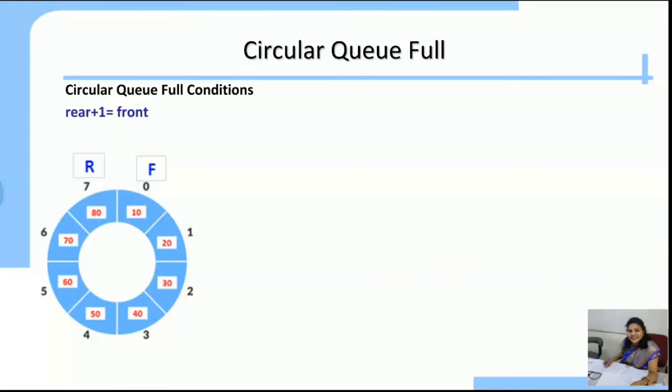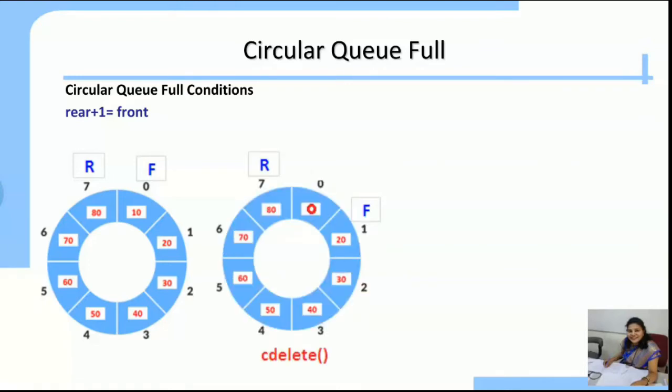First we are going to perform the delete operation. Whenever we perform the delete operation, the element at the front side will get deleted. What is available at the front side? 10. So how will it be deleted? We put 0 here and increment the front. So now front will point to 1 and here it becomes 0.